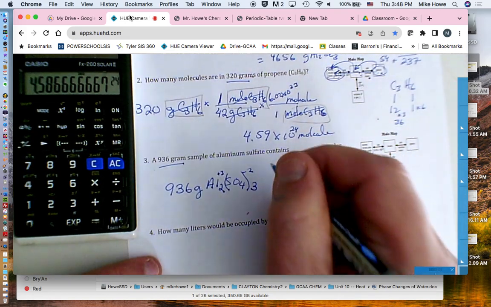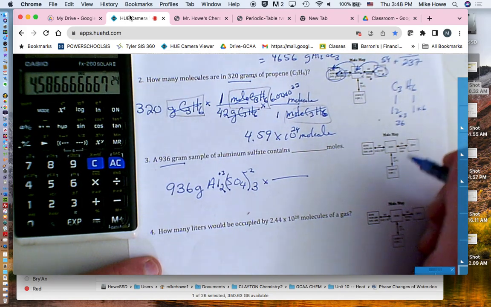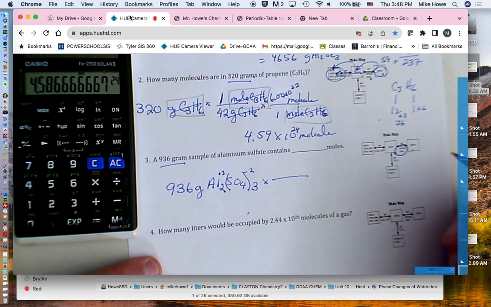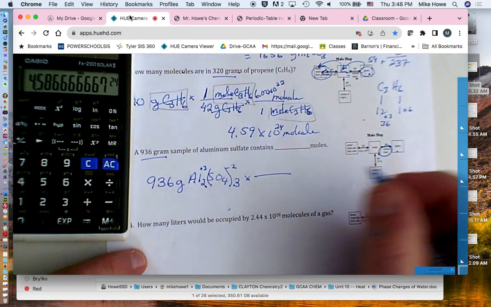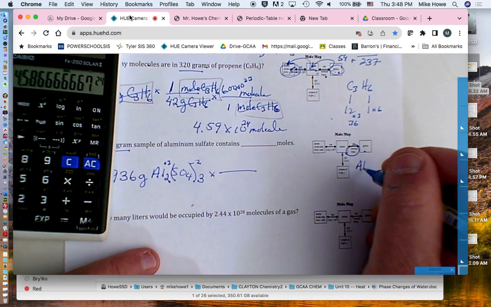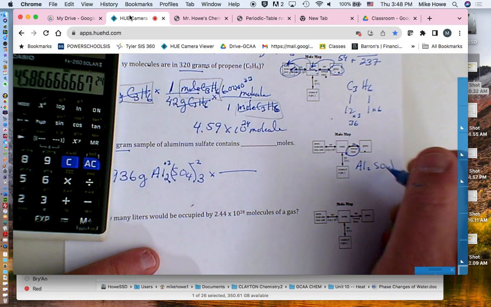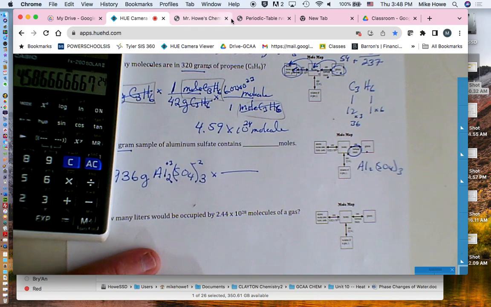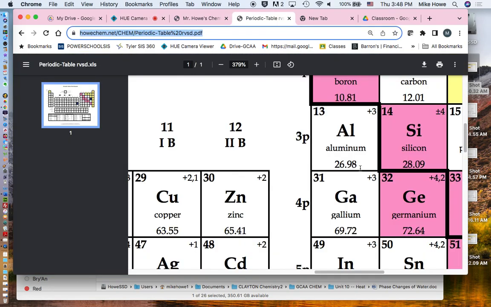All right. We're trying to change it to moles, so we're starting at grams, we're going to moles, and we're stopping, so it's just a one-step problem. We need to find the formula mass. So I'm going to do that over here on the side again. So Al2(SO4)3. Okay, Al has a mass of 27. Remember that?